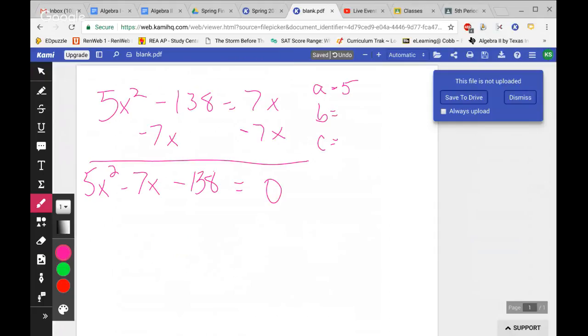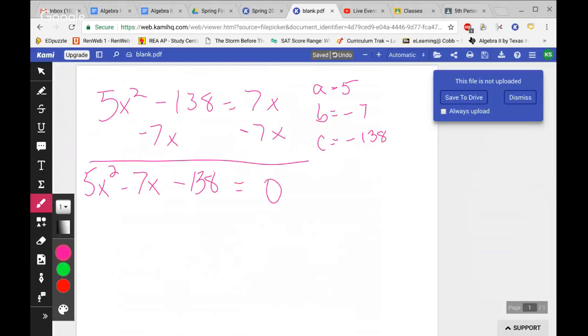Riley, that will really help you, because there are so many moving parts to that quadratic formula that it's best to just make sure it's written there, so you can confidently look and identify those numbers. So you have 5, and then B is -7. And then C is negative 138.